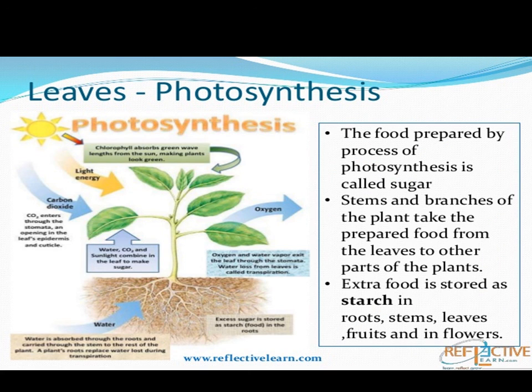Photosynthesis continued. So here the sun is given. Now chlorophyll absorbs green wavelengths from the sun, making the plant look green. So chlorophyll is present, then light energy, carbon dioxide is present in the air, and all these combine to form food for us.